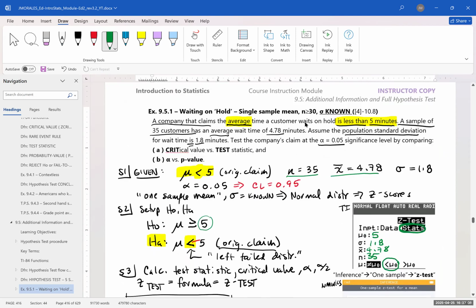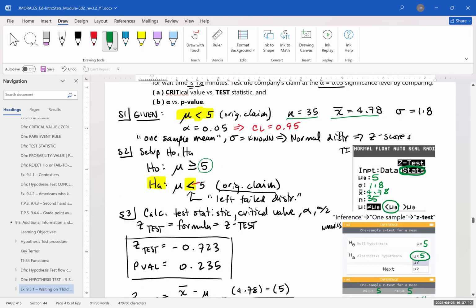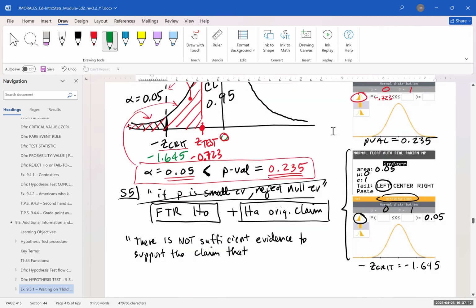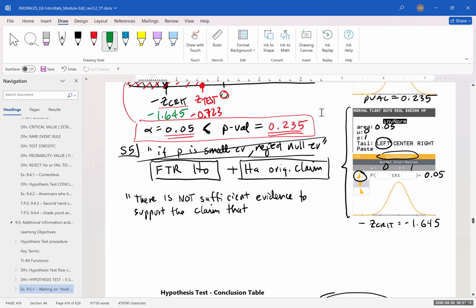The average time a customer waits on hold is less than 5 minutes. See here that the average customer wait time is less than 5 minutes.